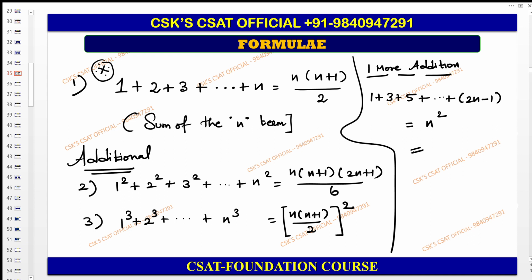If you are taking these things, well and good. The first one is the sum of the n terms, that is nothing but 1 plus 2 plus 3 up to n, which is equal to n into n plus 1 by 2. Fine. Shall I move on to the questions?